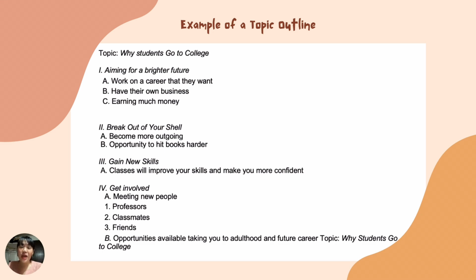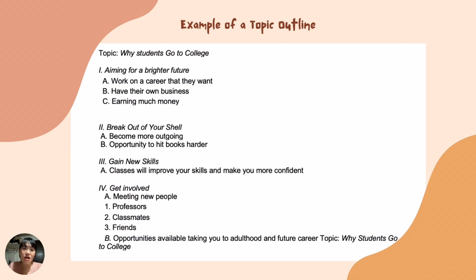And then we have the subheadings A, B, C, and here also in Roman numeral 2 we have A, B as subheadings, and Roman numeral 3 we have A as subheading, and then 4 we have letter A as subheading, and then this letter A has subheadings.